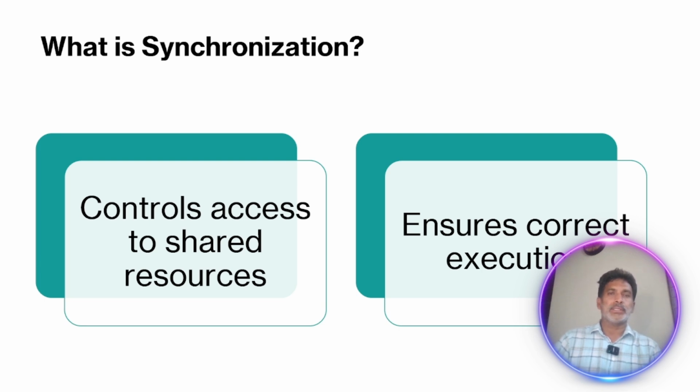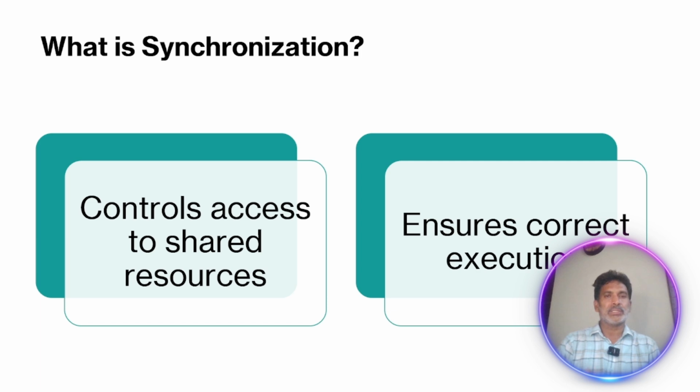Synchronization is a mechanism in parallel programming. Multiple threads often run at the same time and may need to access shared data or resources such as variables, files, or memory. Without proper control, this simultaneous access can lead to conflicts, incorrect updates, and unpredictable outcomes.